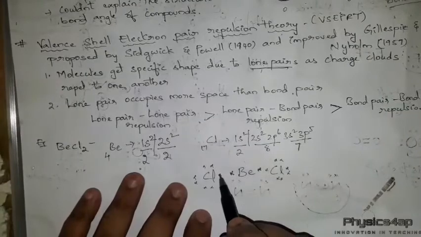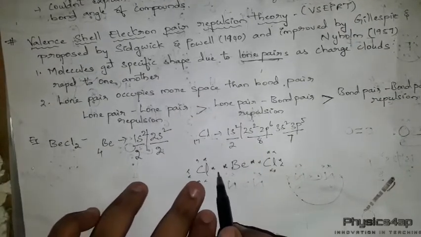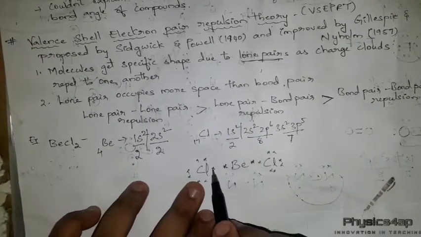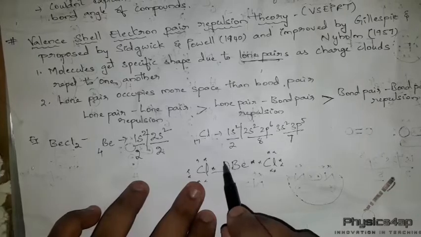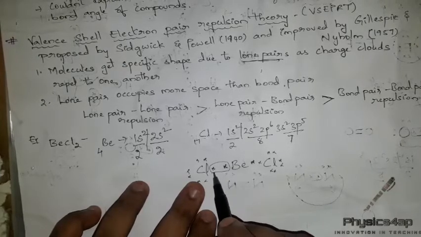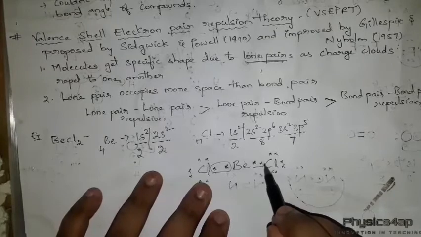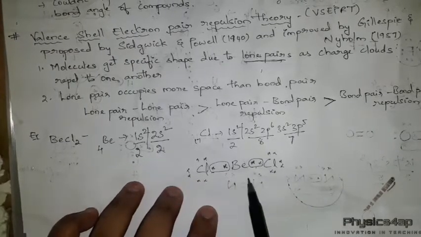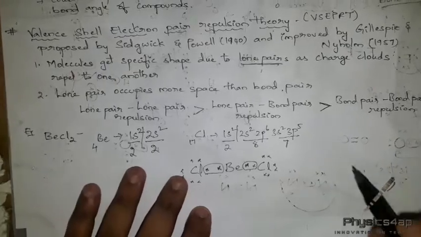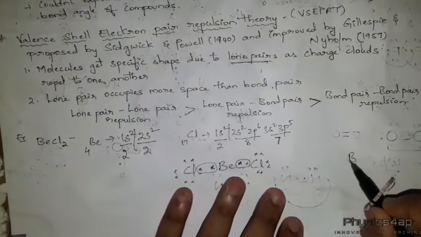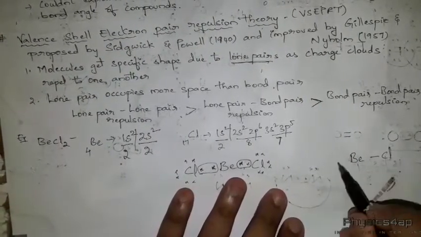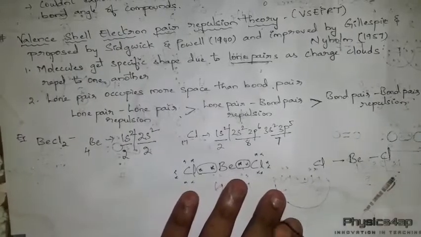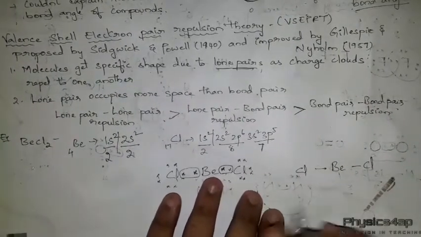Now if you see here, the one unpaired electron on each chlorine will be shared with the beryllium atom. Now this is the complete structure for beryllium chloride. We write this as Cl-Be-Cl, which we call beryllium chloride.